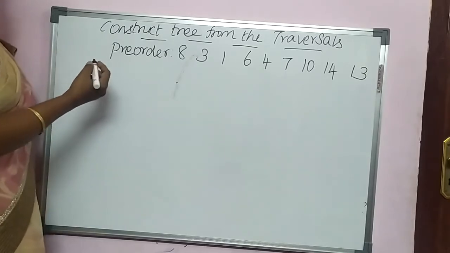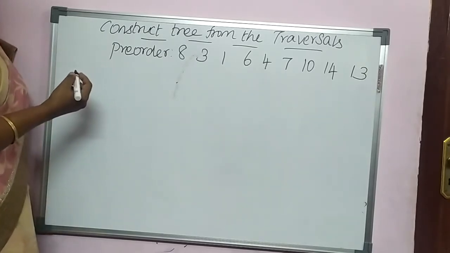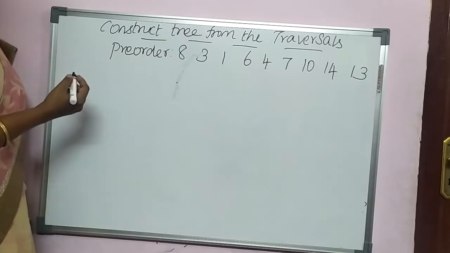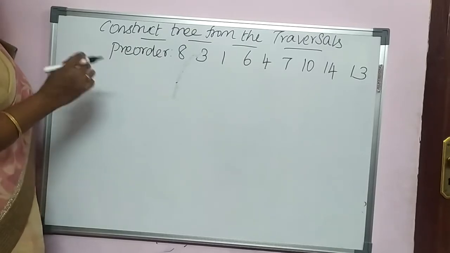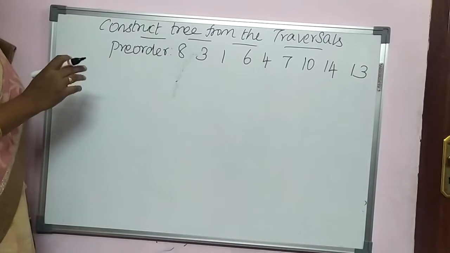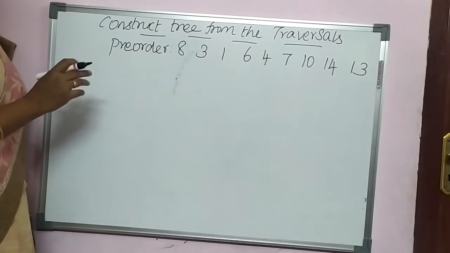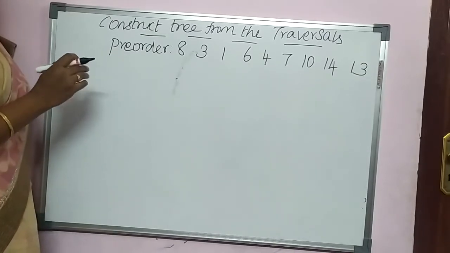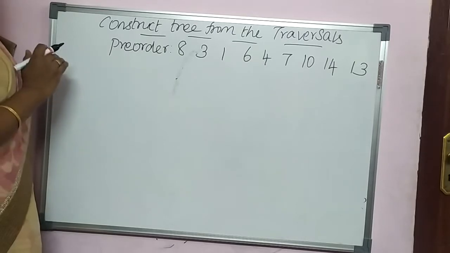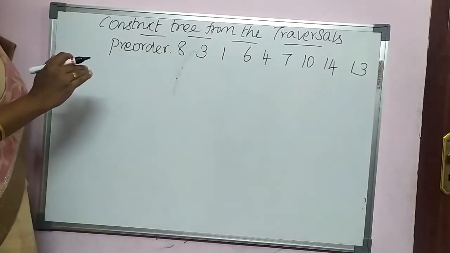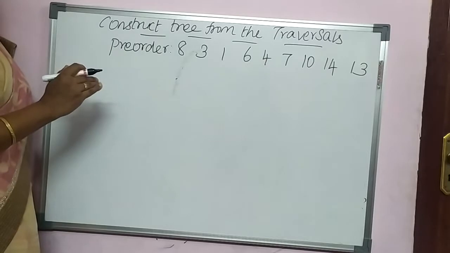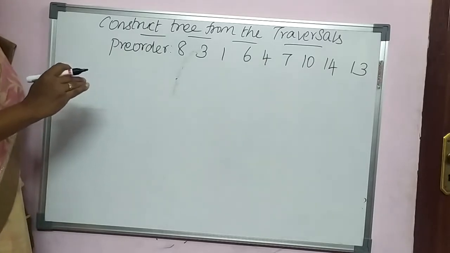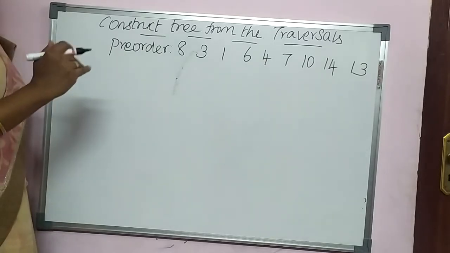So for example, I have taken a sequence, and this sequence is given for pre-order. Once only one order is given, either pre-order or post-order, and we are required to construct the tree from the given order, in that case it goes directly with the binary search tree construction. Because for binary search tree construction we know that the in-order will always have the values in ascending order.